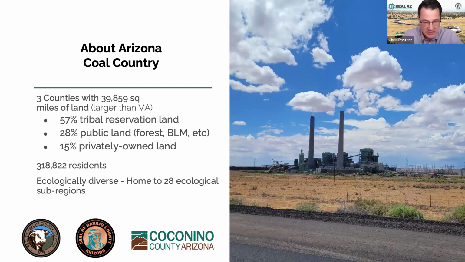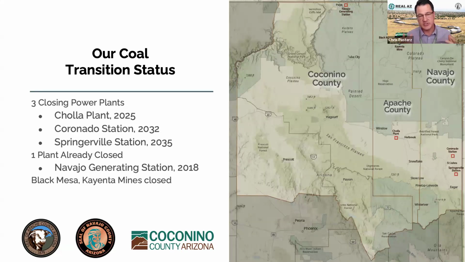So if we can go to the next slide too, I want to show you us on a map so you can see how we piece together. But what's unique about the situation is we realized that individually we couldn't take on this transitional change on our own.